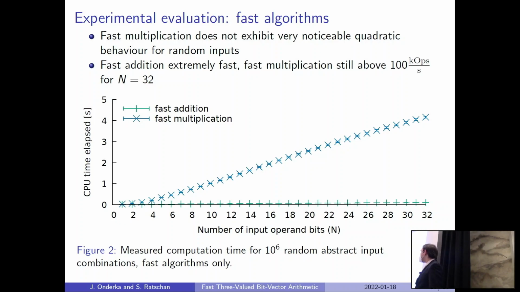So that is quite nice. And fast addition is computable almost in no time. And fast multiplication, on a normal desktop computer, is still computable at above 100,000 operations per second, even for 32 input bits.